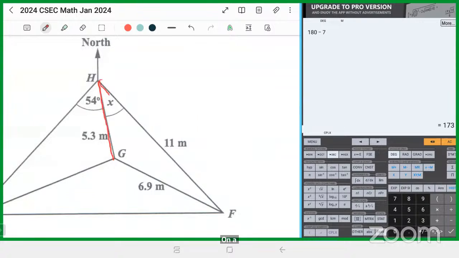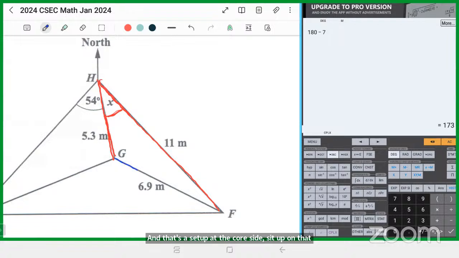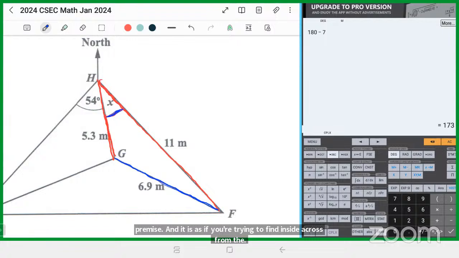Two sides and an angle between. That's the setup of the cosine rule, and it is as if you're trying to find the side across from the angle. So I really should have put this in blue. And so that is the setup.